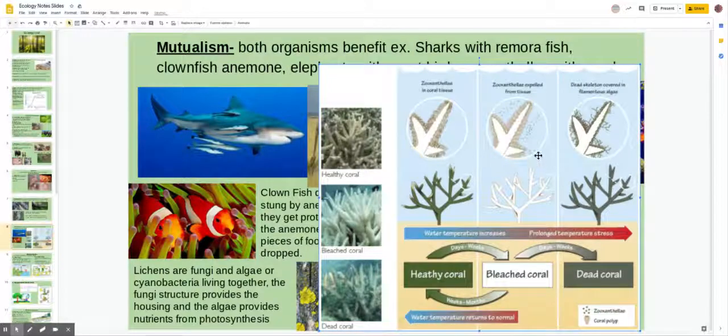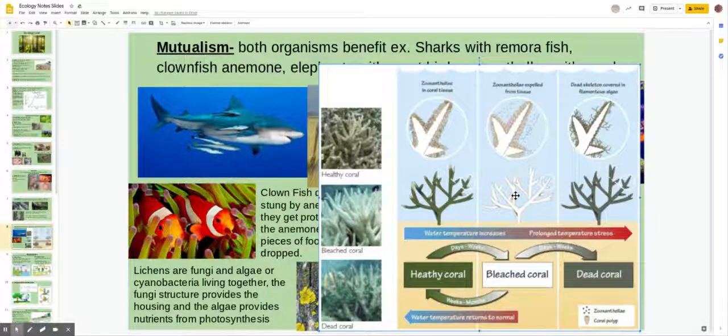So you've got the zooxanthella existing within the cells of the coral. And the zooxanthella do the photosynthesis, and the coral does the providing of some of the essential organic and inorganic nutrients that are necessary for the zooxanthella to survive.